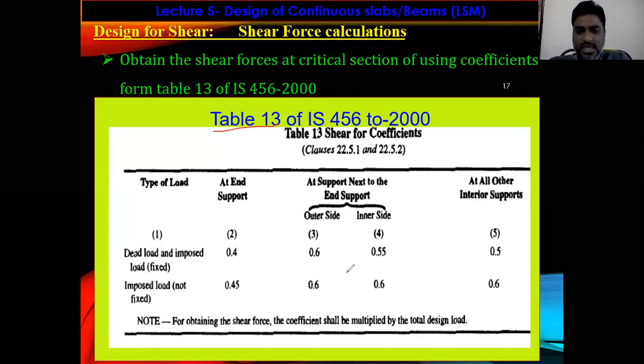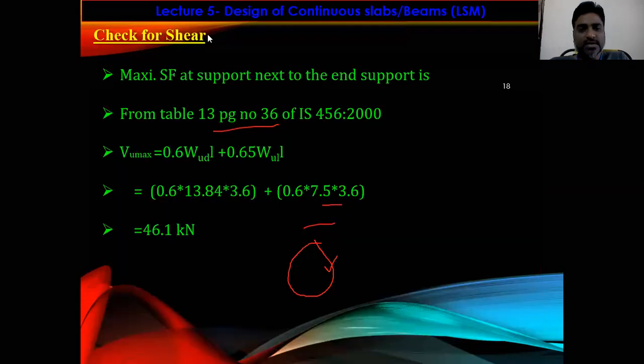I can get the maximum shear force at the support next to the end support, outer side. Actually, I need to calculate for all the cases, but from the coefficients you can easily identify where you will get the max. These coefficients are higher as compared to the others, therefore I will get the maximum shear force here. So directly you can take those values and find out the maximum shear force.